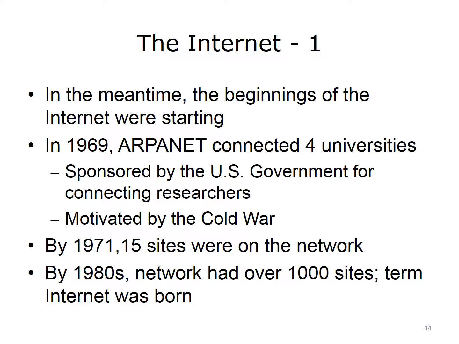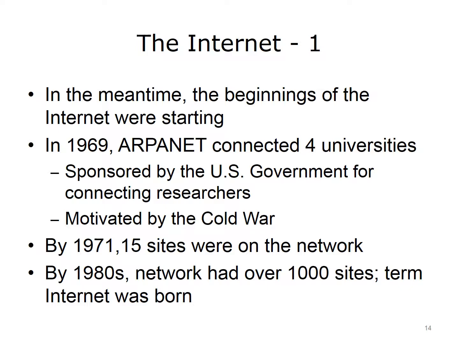In 1969, the Advanced Research Projects Agency Network, or ARPANET, connected 4 universities. It was a project sponsored by the U.S. government for connecting researchers. By 1971, there were 15 sites on the network, and by the 1980s, there were over 1,000 sites on the network.